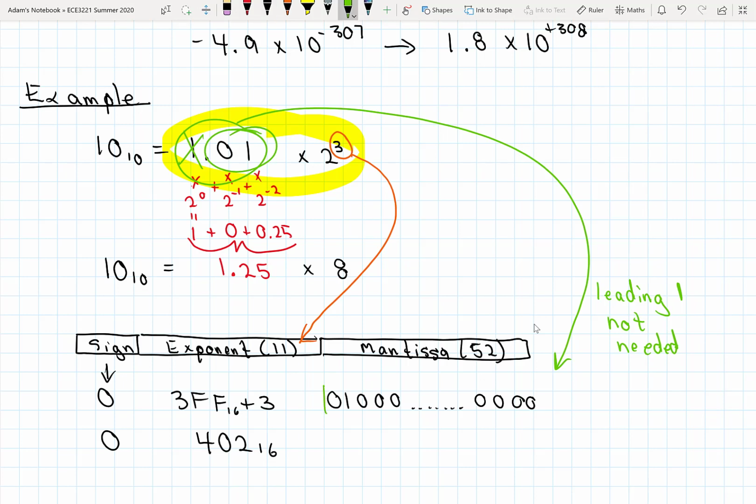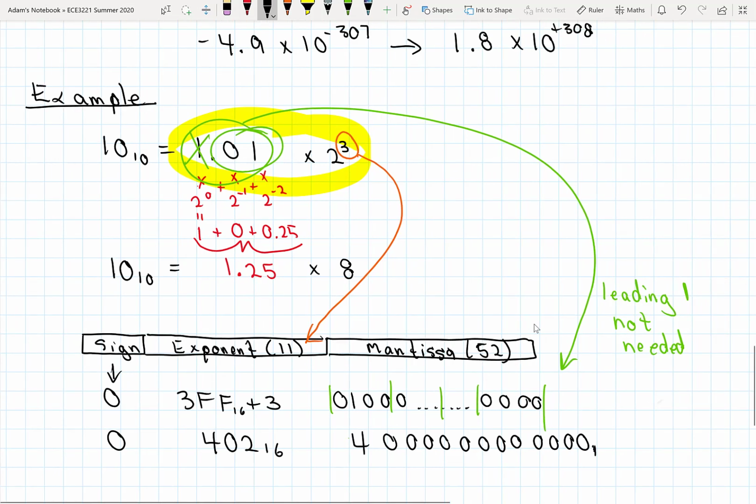And if I convert this to hex, every 4 bits, so all of these bits past the first 4 are going to be 0. So I have a value in hex of 4, and then 12 zeros to represent the remaining 48 bits that are all 0.